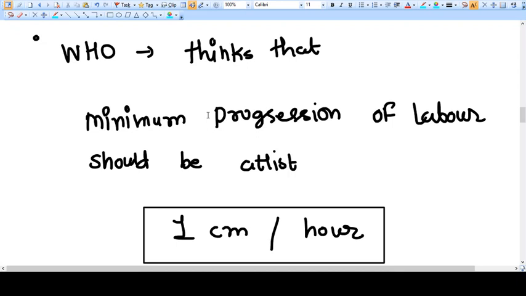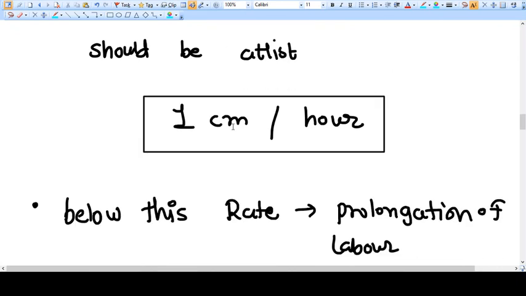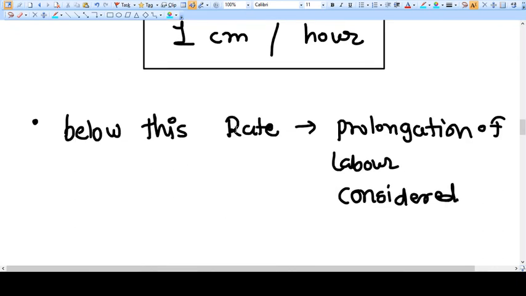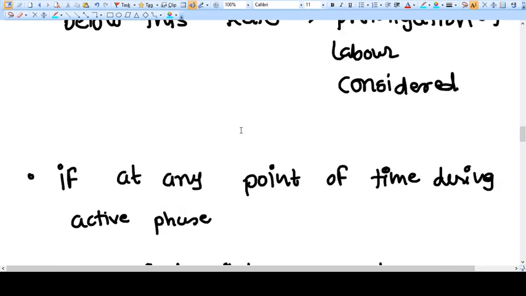If the labor doesn't progress at least 1 centimeter per hour, then we can very surely say that the labor is not going well. It is prolonged labor. So 1 centimeter per hour is the minimum rate. Below this rate, we consider there is a prolongation of the labor.